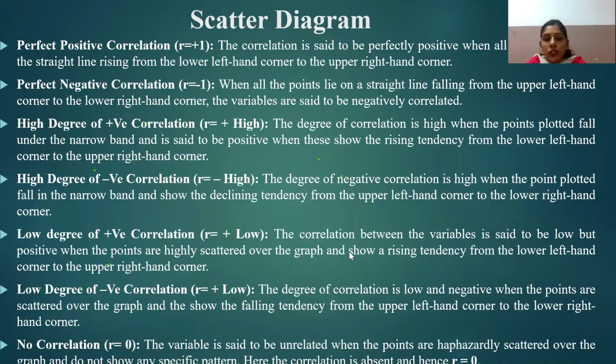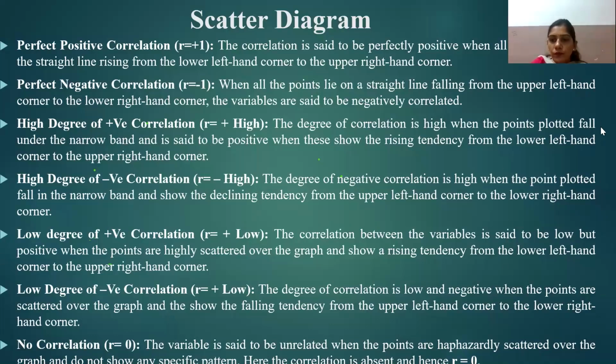So they are also in rising tendency, and in low degree of negative correlation, the dots we plot on a scatter graph show a falling tendency. In case of low degree of positive correlation, the value of R is equal to plus low.